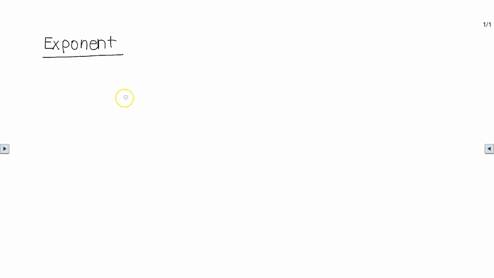Now, just in the way of review, you all will remember that an exponent is a way to show repeated multiplication.